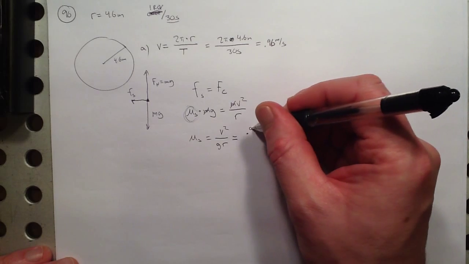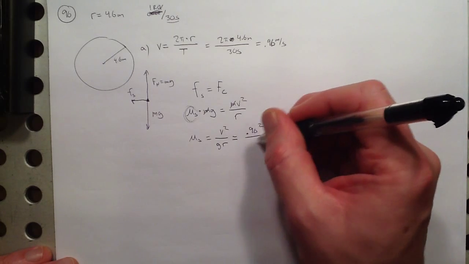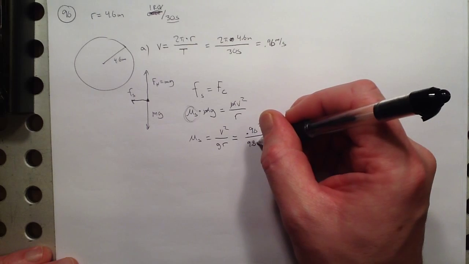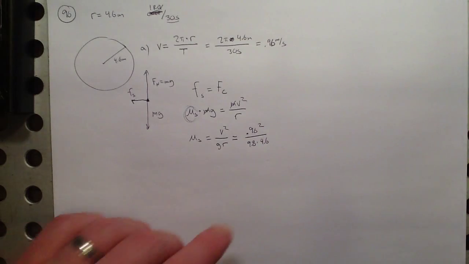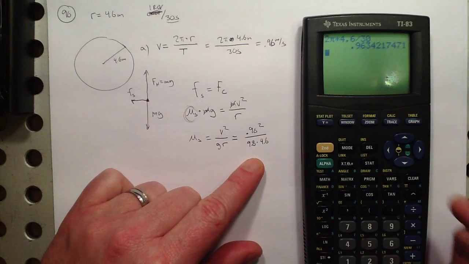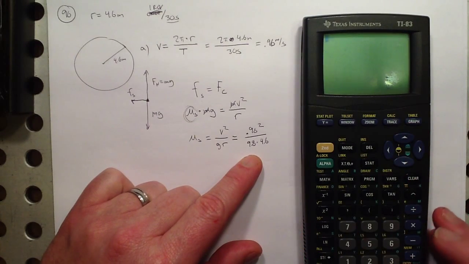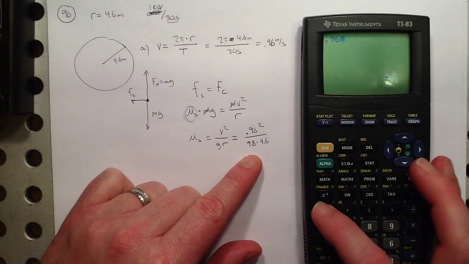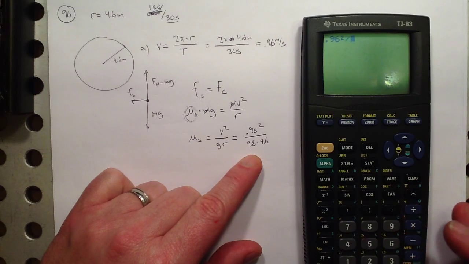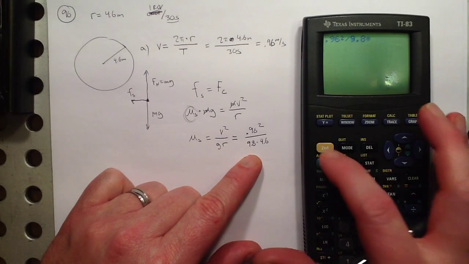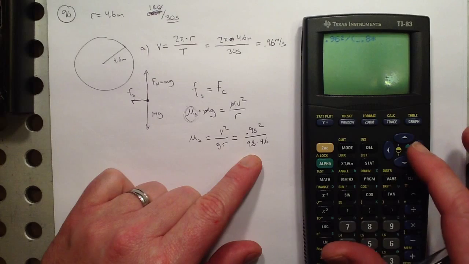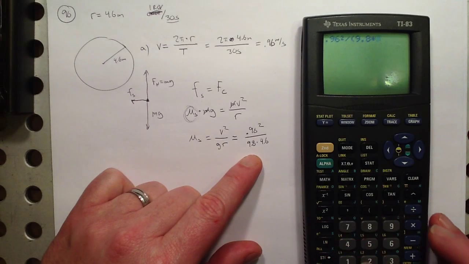We found it in part A. Over 9.8 times, well, let's see what that is. 0.96 squared divided by 9.8 times, oops, almost made that rookie mistake, 4.6.